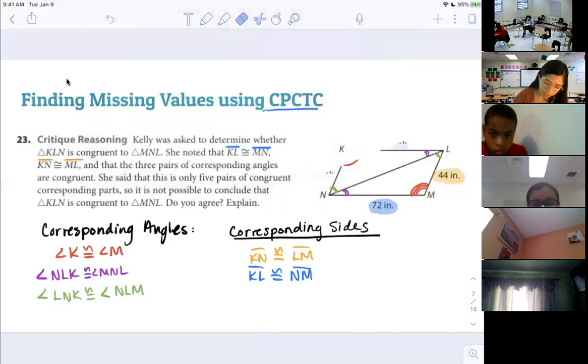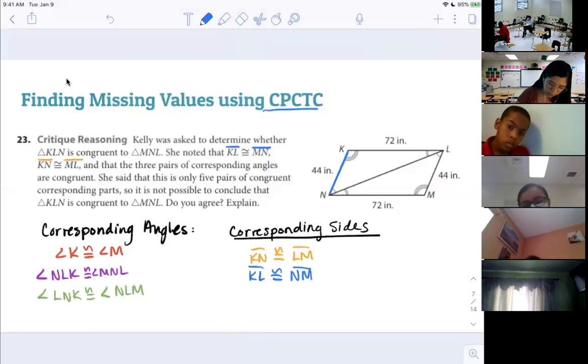So let me erase everything else I've got here so we don't confuse everything. Okay. So far, I'm only talking about side lengths. I have this blue one, goes with this blue one. Wait, sorry, KL, no, blue is these. So I have this blue one, goes with this blue one.